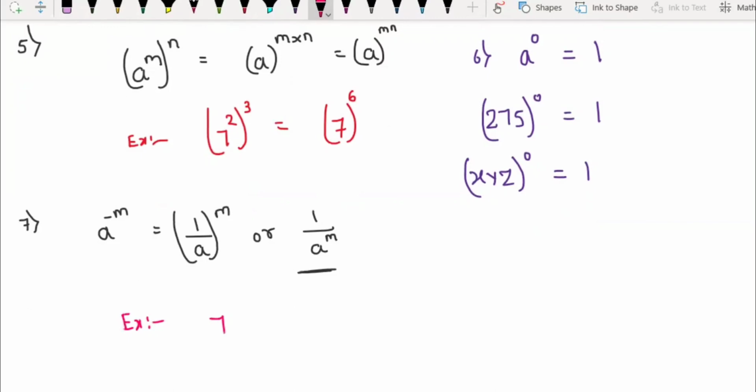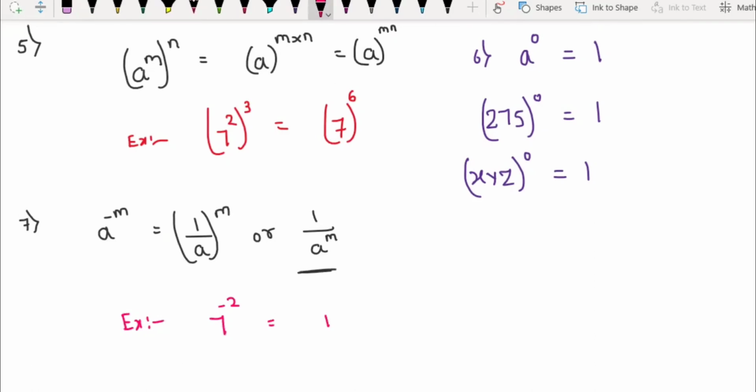7 to the power of minus 2. Now, what do the laws of exponent say? If your power is negative, we cannot do any solution. We cannot calculate anything until you make your power positive. So to make your power positive, what are we going to do? We are going to reciprocal our base. How can we reciprocal the base? Let's see.